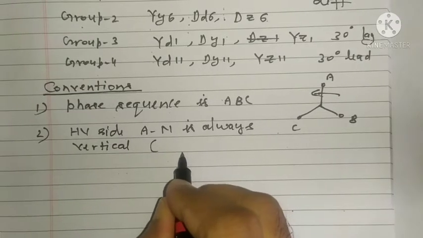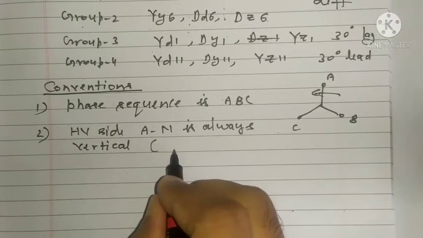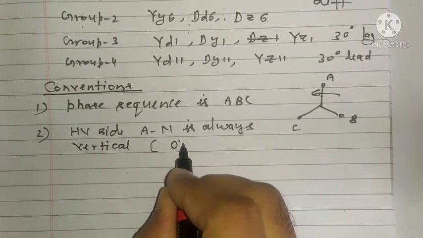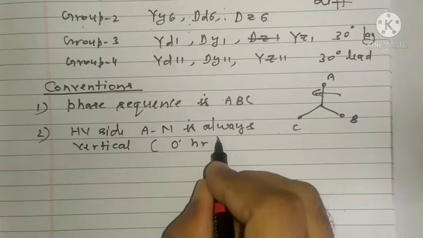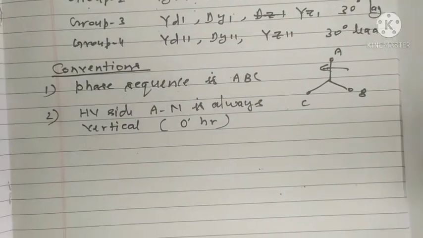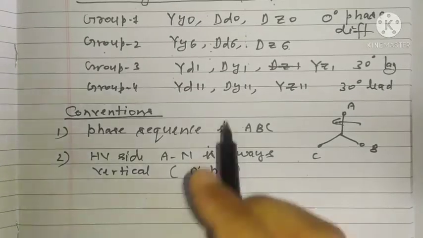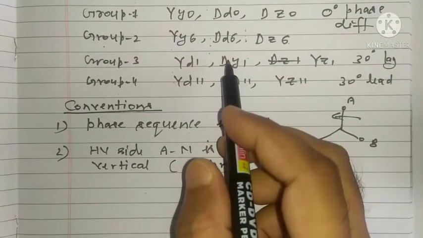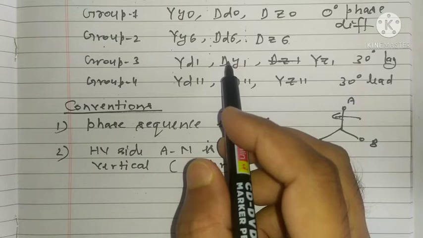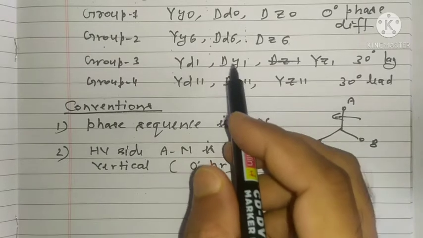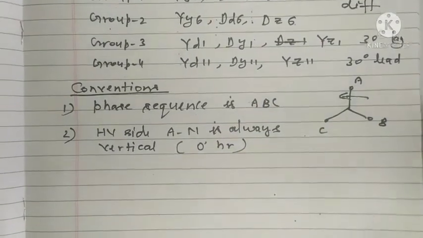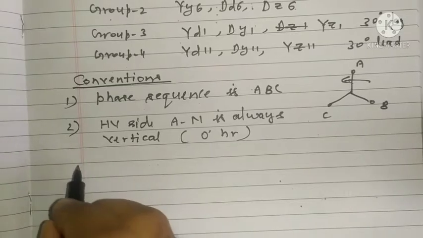Vertical means in terms of clock it will be at 12 o'clock or 0 hours. We will see clock system also for understanding these vector groups, and after understanding we will be in conditions to know which type of transformer will be connected in parallel for three-phase transformer, right?